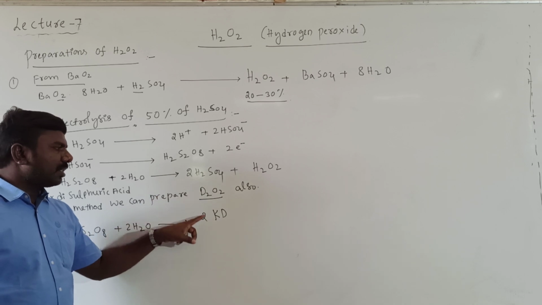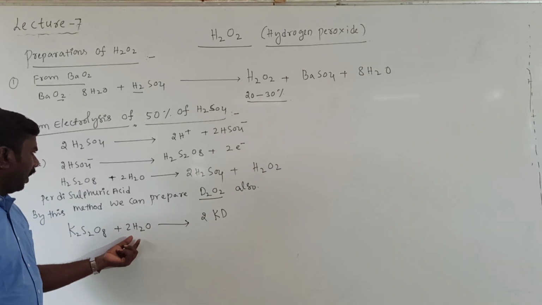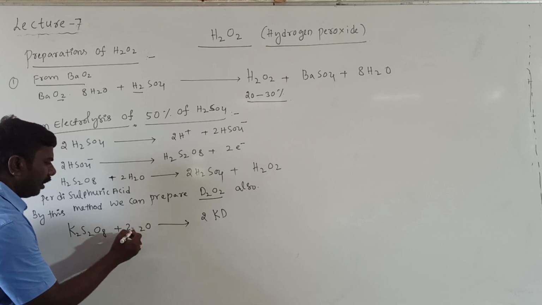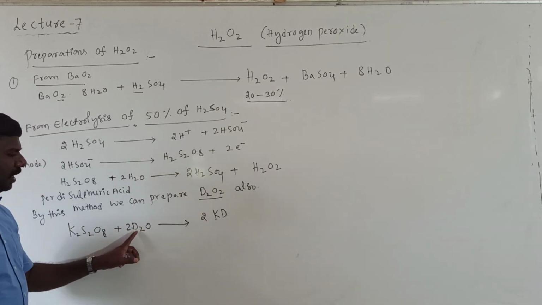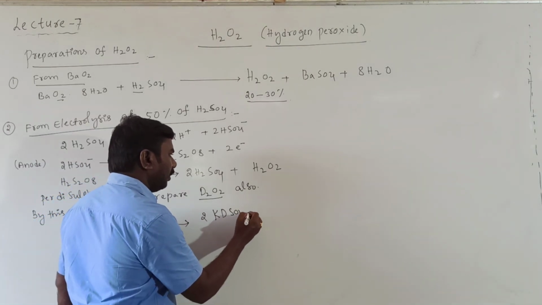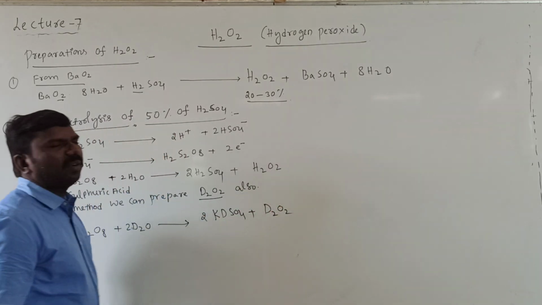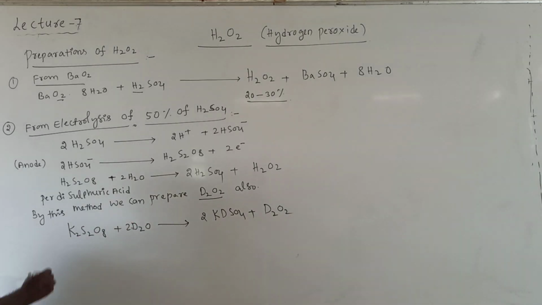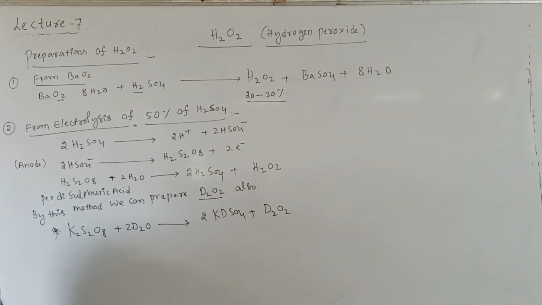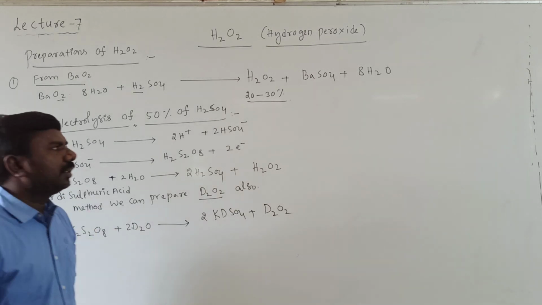Instead of H, K; instead of another H, D, because instead of H2O, I am taking here D2O. That's why we get K2SO4 plus D2O2. Instead of H2O2, the formed compound is D2O2. It is important for exams. D2O2 is prepared by K2S2O8, but not H2S2O8.